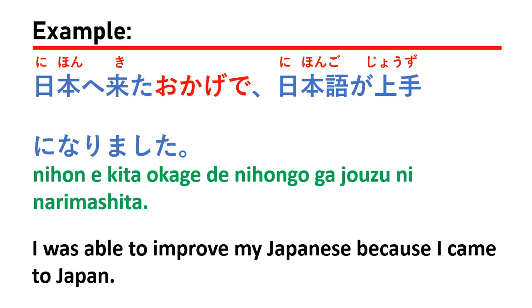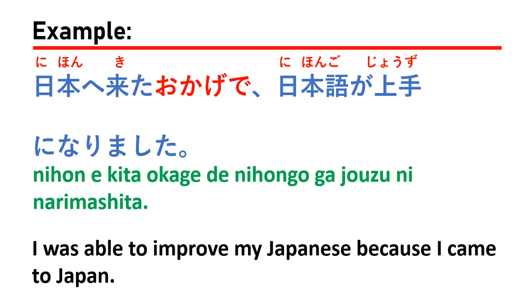Here, it means if you learn Japanese but only in your own country, maybe you cannot be fluent in speaking or using the Japanese language. But in this case, because you went to Japan, your Japanese got better and became fluent in the end.